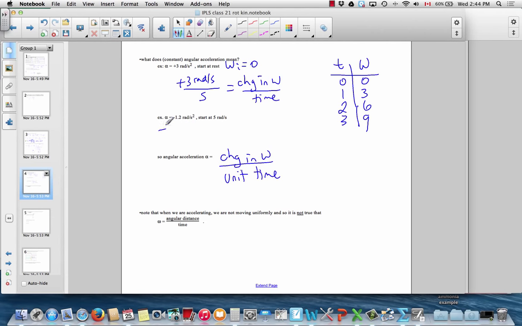And in Physics 11, we would talk about the direction of accelerations, and we would say that, okay, if the acceleration was, say, negative, that really means that the object is being pushed in the negative direction. And so if you were to start at 5 radians per second, that's positive. So you're moving to the right, you're pushing to the left. So the speed is going to decrease.